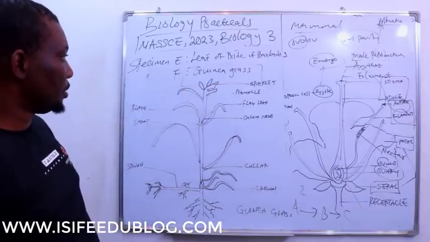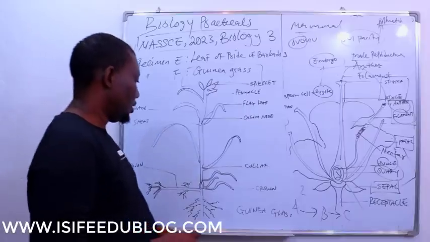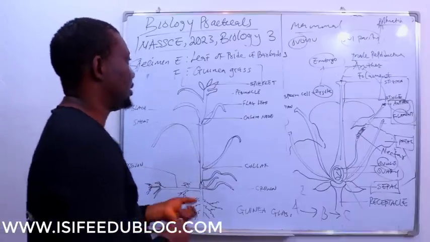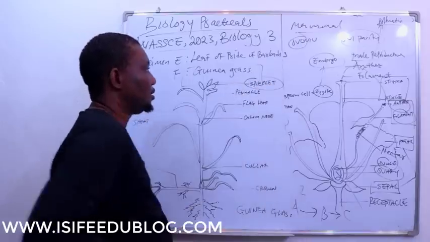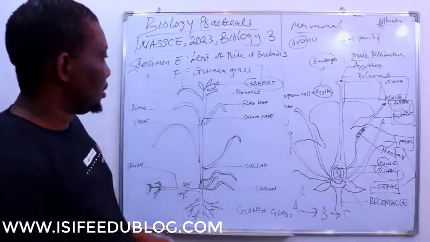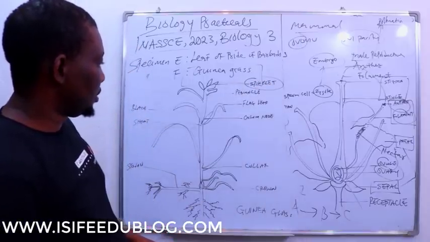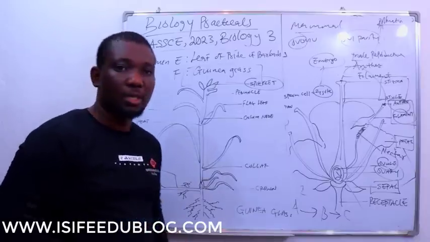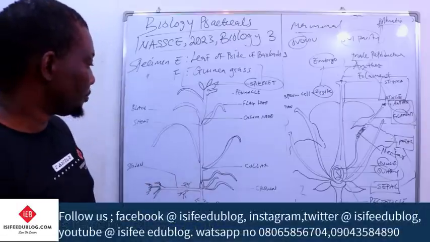Something about this plant is that it has spikelets, which appear to aid these plants in sexual reproduction.